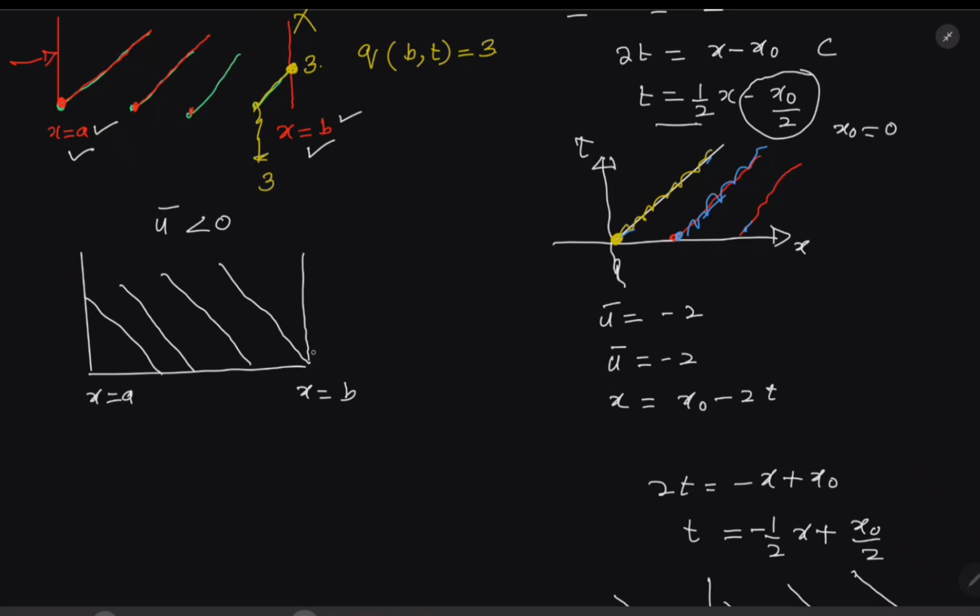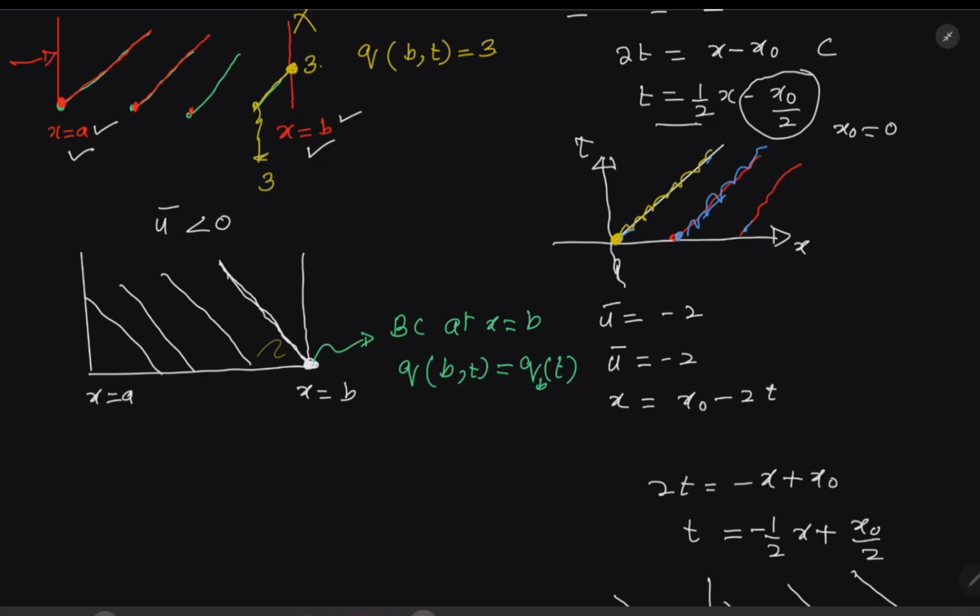Whatever the information is here, it should travel on this characteristic. So it means that we should give a boundary condition at x is equal to b. This means that Q at b, t should be given, Q of T, Q of b, for example.